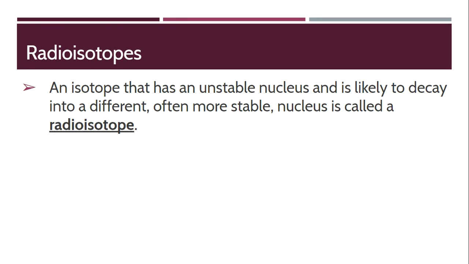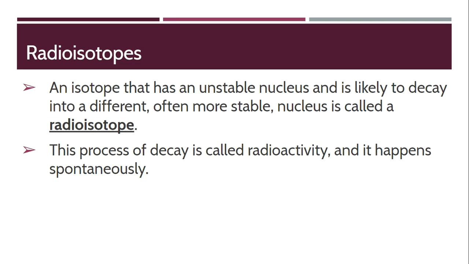Some isotopes have a nucleus that's unstable, so the protons and the neutrons don't get along. And so when that nucleus is unstable, it is very likely to decay, so to break apart into a different, often more stable nucleus. And so these isotopes are called radioisotopes. And the process of decay is called radioactivity, and it just happens spontaneously.